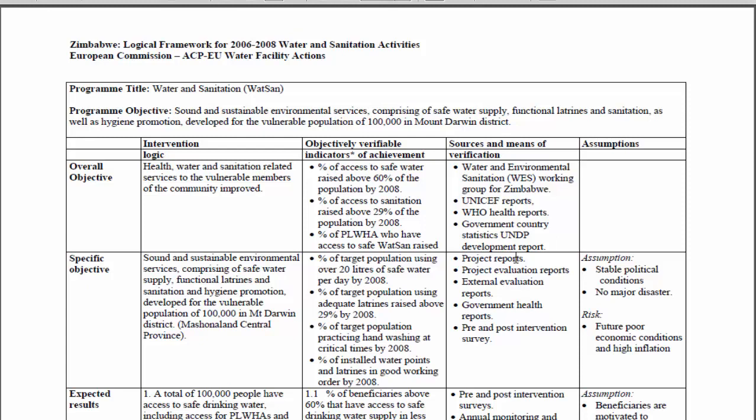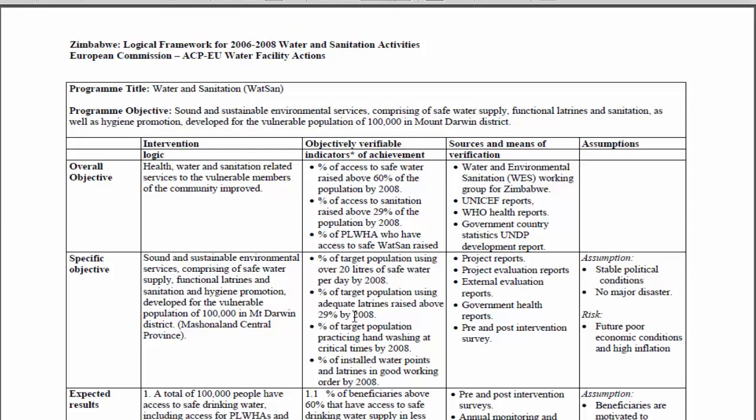It is after you've defined that, that you can ask these questions and get the right answers. It also mentions percentage of target population using adequate latrines raised above 29% by 2008. Again, you are supposed to collect this from the target beneficiary. You simply go to the target population and ask households, do you use latrines? Do you use adequate latrines?